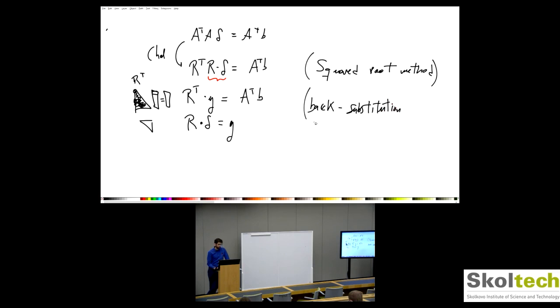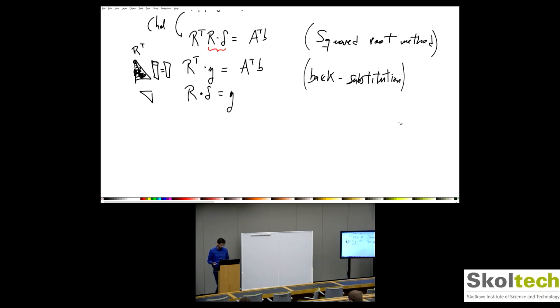I think many of you are using this in the background when you are solving a linear system in MATLAB or Python. It's already doing this. And this is a topic of a previous course that you did in numerical linear algebra. But in case someone didn't take this course, it's still fine. We can catch up.